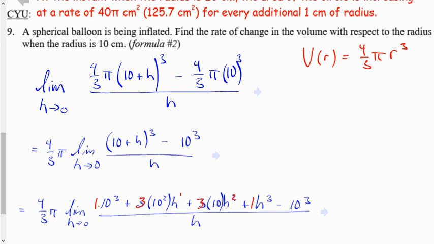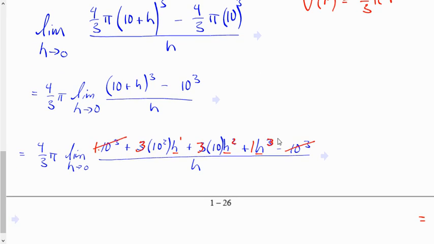And we see here that these 10 cubes cancel out. All of our terms have h's in them still, so we found that common factor of h that we can pull out. So there I've pulled out the common factor of h.